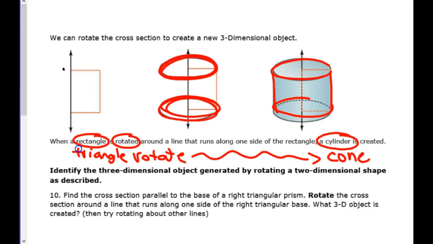So, two things. Rectangle makes a cylinder when you rotate it. Triangle makes a cone when you rotate it. So let's take that information to the bottom, okay?